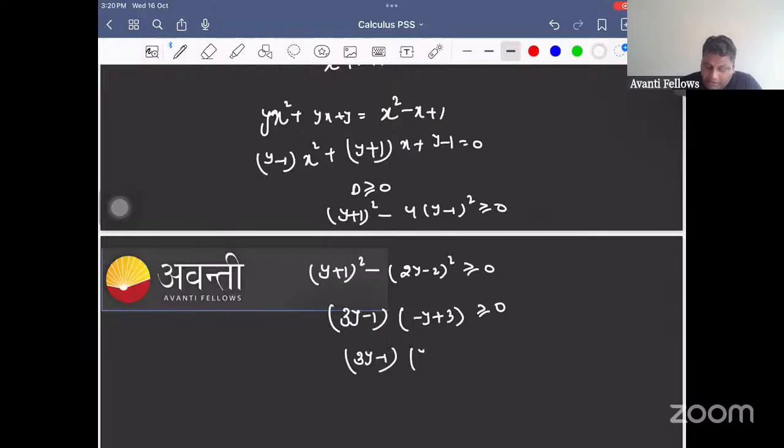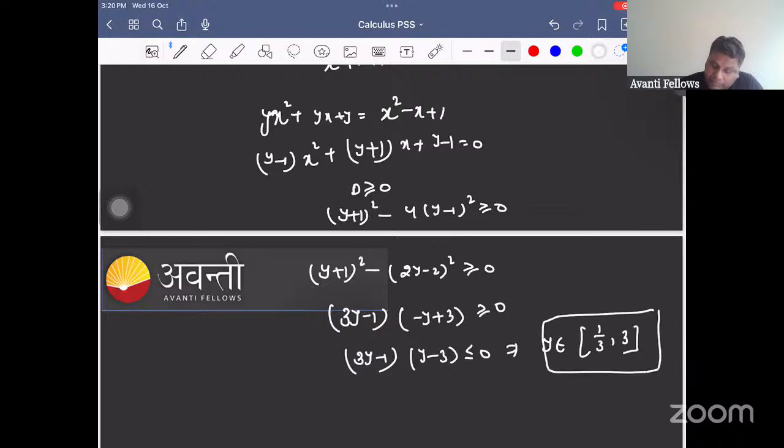So (3y minus 1) into (y minus 3) is less than or equal to 0. So y belongs to 1/3 to 3. Got it? This is your answer.